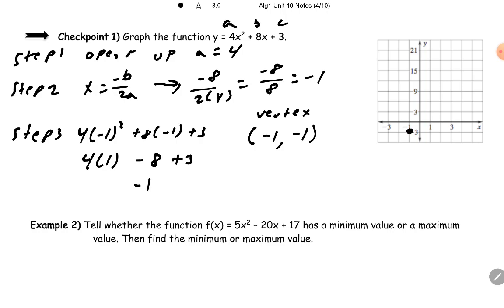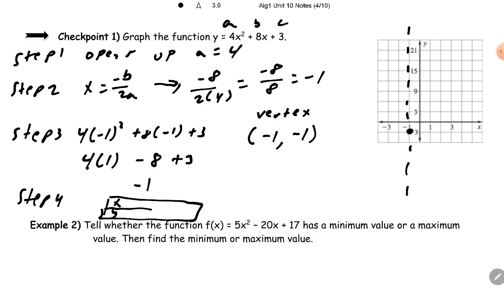So we're going to start here. And we'll just draw in our axis of symmetry, because we got to make it symmetrical. And then step 4, let's create a table, x, y, but we just need to choose 2 points, and I'm going to choose 0 and 1.